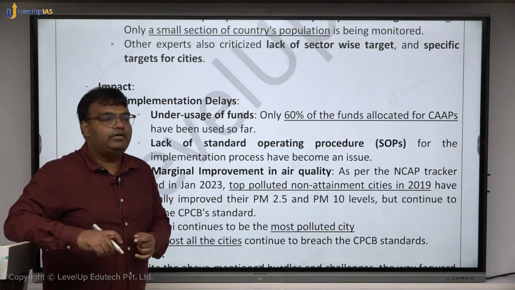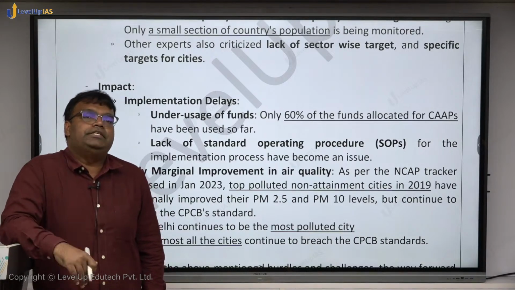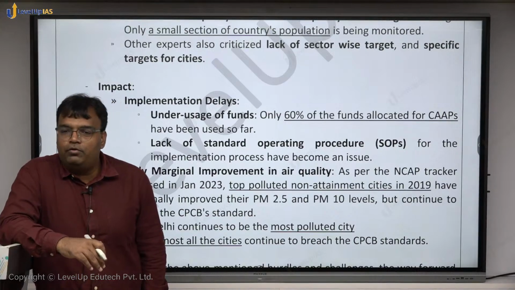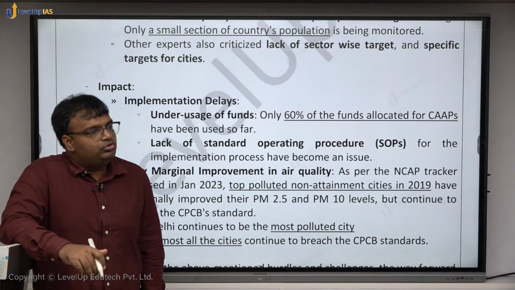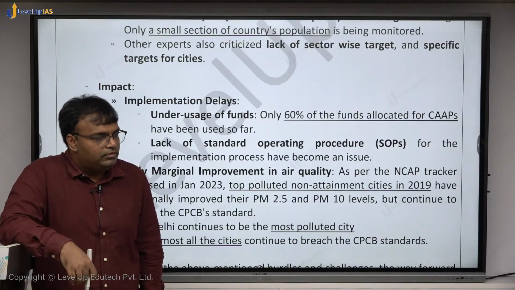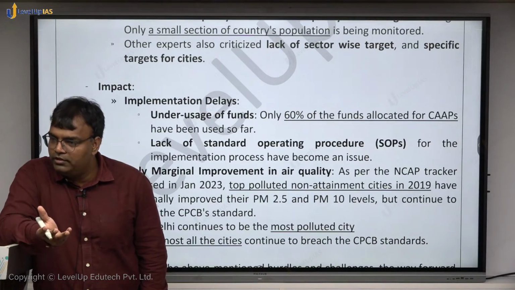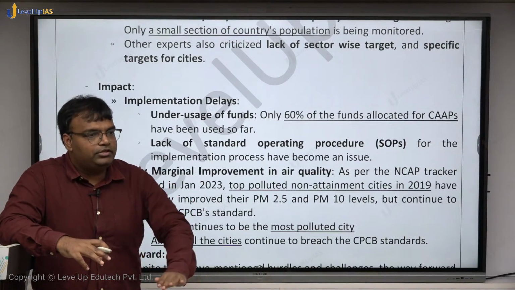In the absence of standard operating procedure, what's happening is, let's say some city sets up some towers to clean polluted air. Now those are not effective. So other cities are not doing anything. They think there is no benefit in doing this. There should be some standard operating procedure that these are all the things that you will be doing.